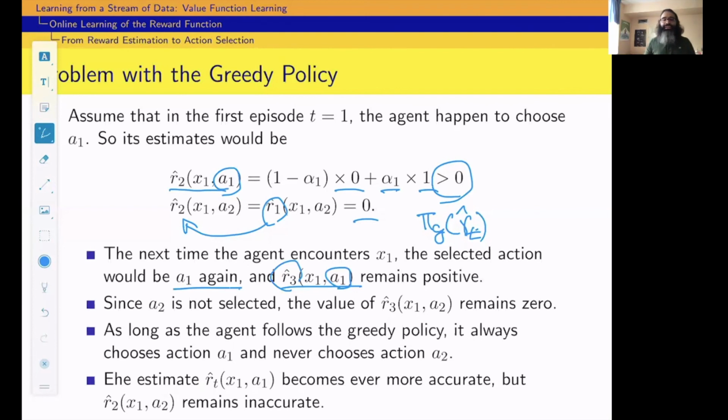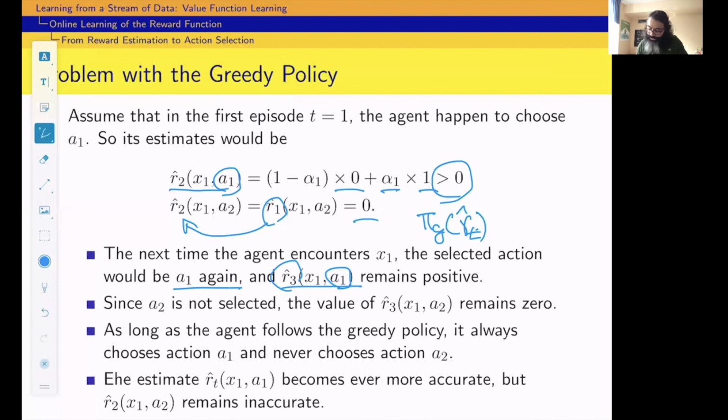And then as long as the agent follows the greedy policy, it always chooses action A1 and never chooses action A2. So gradually, its estimate for the reward of action 1 at that state converges to the true value of it. So that's good. For one of the actions, the value converges correctly. But for the other action, it stays 0.